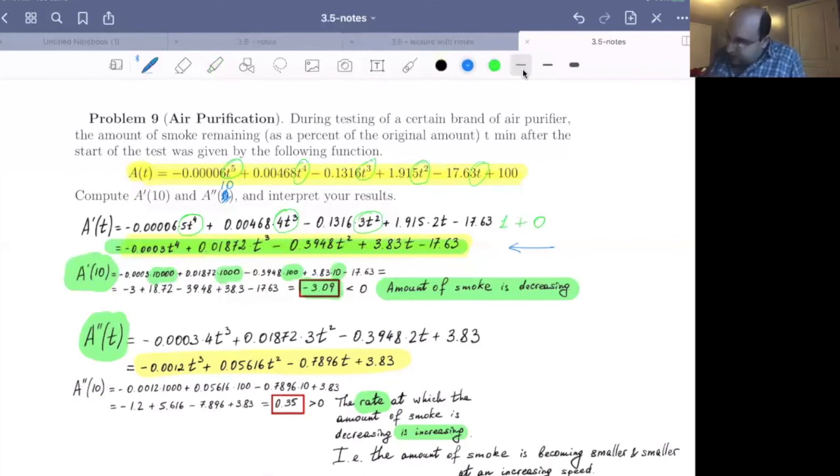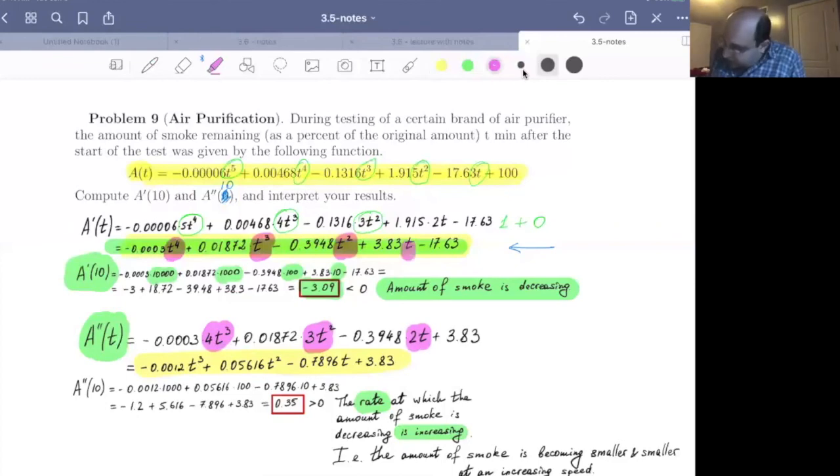Now I take the derivative of a constant times t to the power 4, which gives me 4t to the power 3. A constant times t to the power 3 gives a constant times 3t squared. A constant times t squared gives a derivative of 2t.